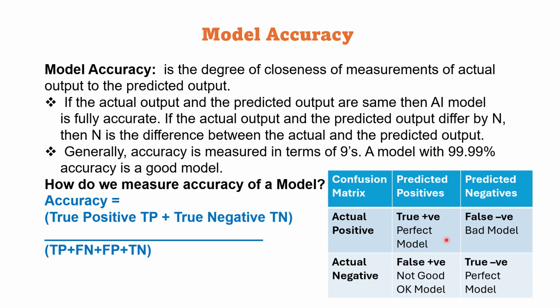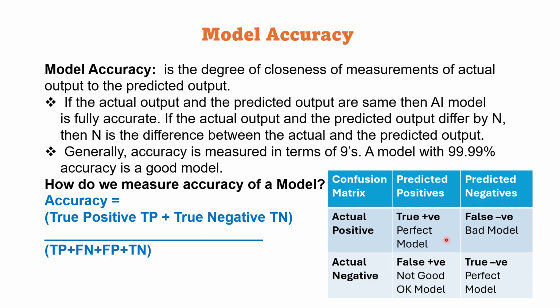Next, why is the model in false negative called dangerous or very bad? In this, the patient actually has cancer disease, but the AI model has predicted that the patient doesn't have cancer disease. If this model is considered, the patient may not take the treatment for cancer, so the error in this model has to be fixed.